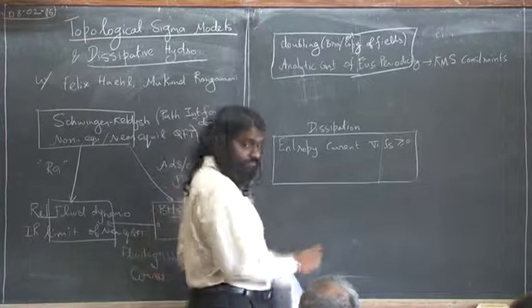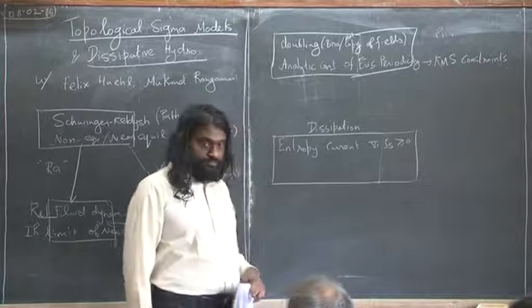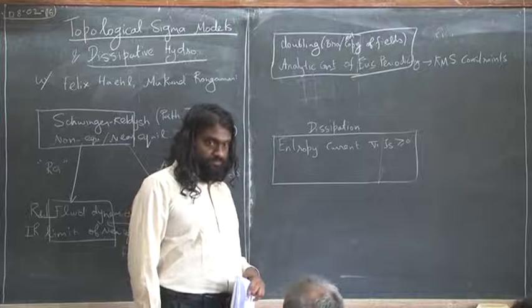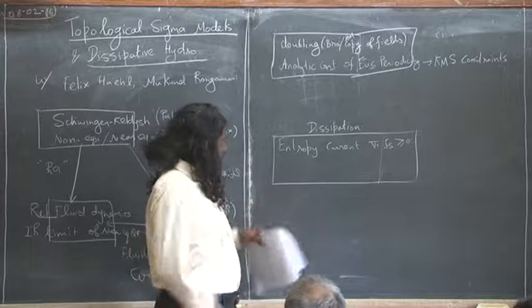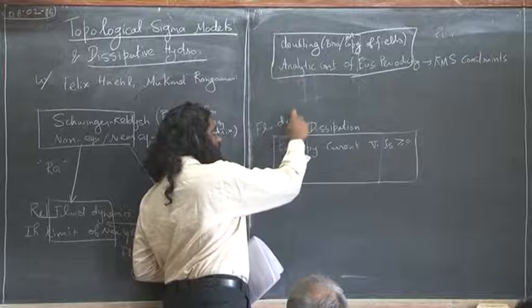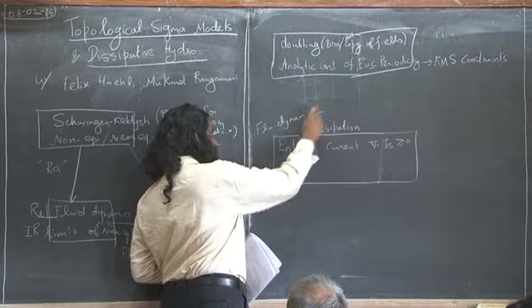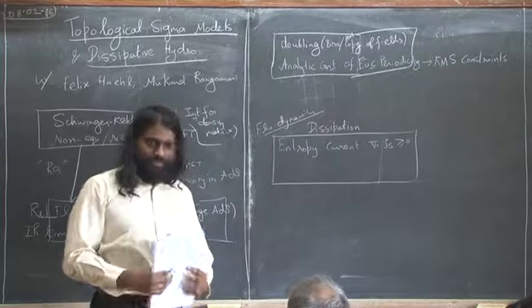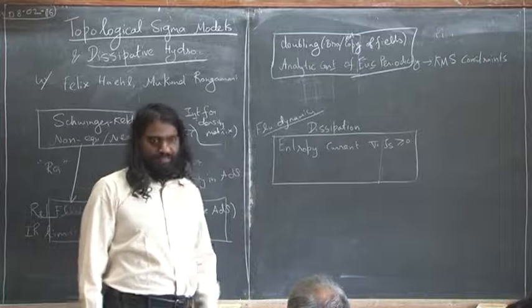Is there always a local entropy current? I mean, case by case, you might be able to construct it, but is it always the case? In fluid dynamics, it is believed that it is. Yes, there is an entropy current. That's the standard formalism of fluid dynamics, that there's a local entropy current.